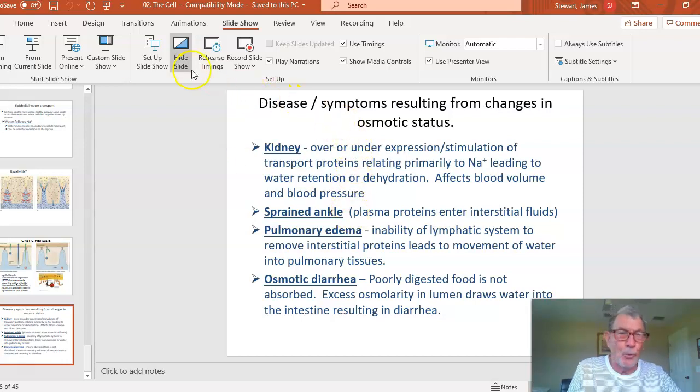Co-transporters, symporters, and antiporters or exchangers. And then osmosis. Move the solute. Water follows by osmosis. Hypertonic, too much osmolarity, will pull water toward it. Hypotonic, too low, will have water pulled out of that area.